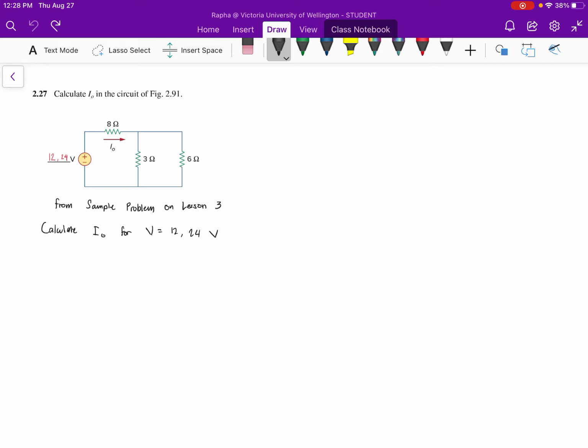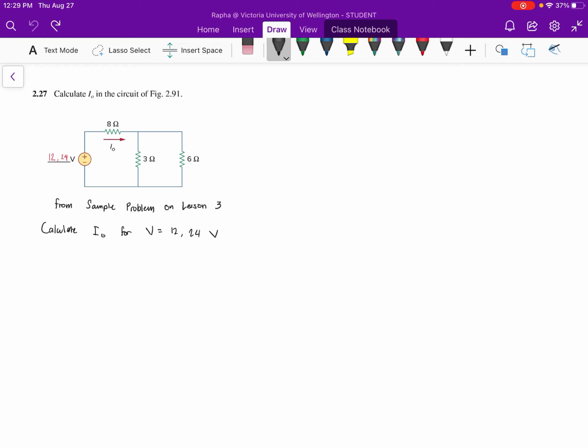We need to calculate I sub O for 2 cases. The first case is when the voltage source V is equal to 12 volts, and the second case is when the voltage source is increased by a factor of 2 up to 24 volts. I sub O is the current drawn by the entire circuit from the voltage source.